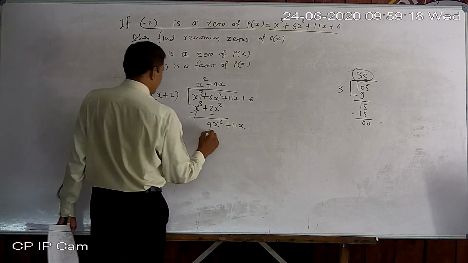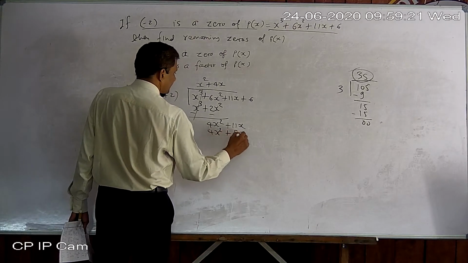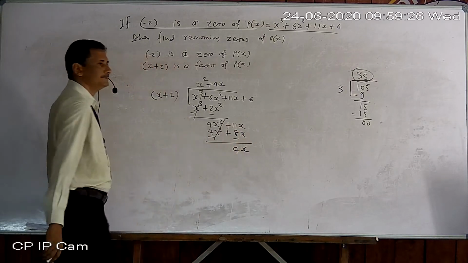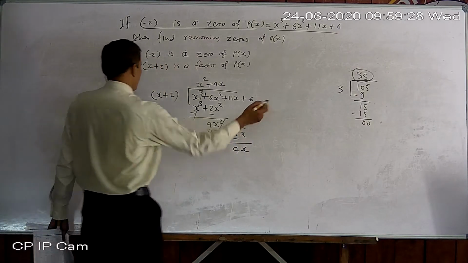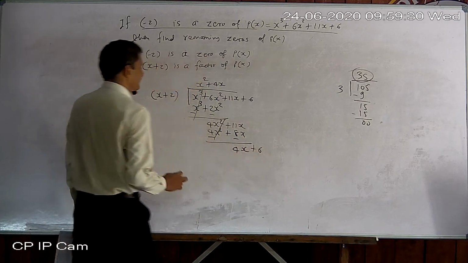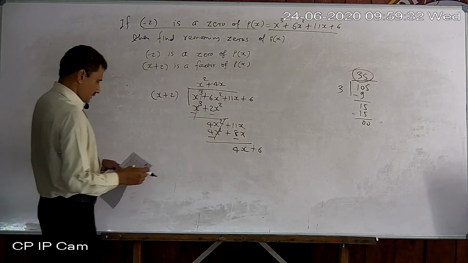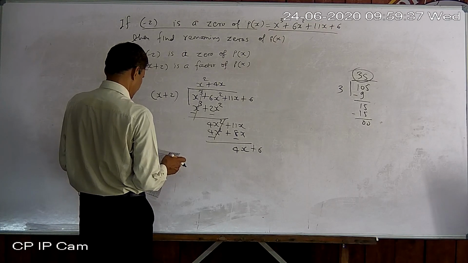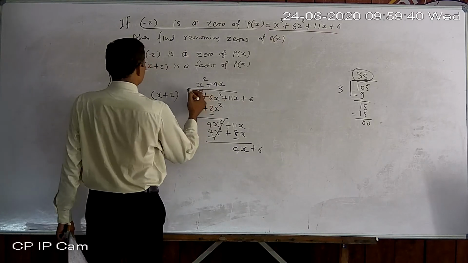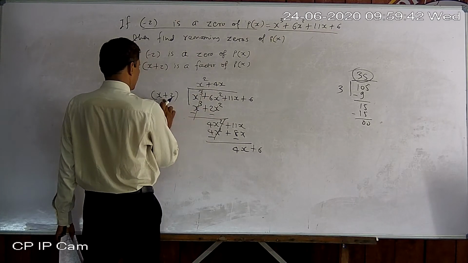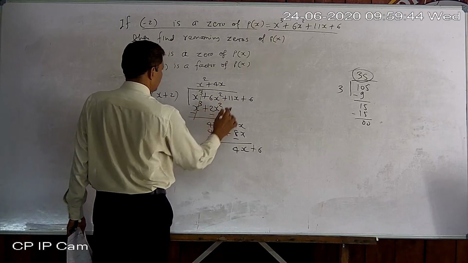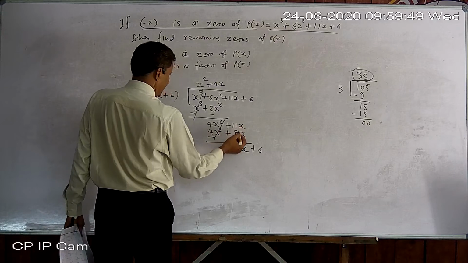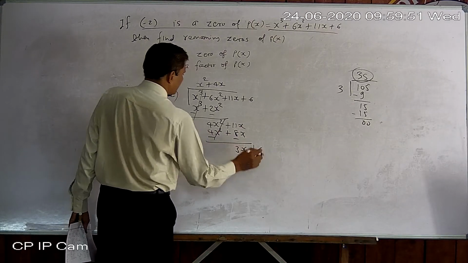So 4x square plus 8x. 11 minus 8, 3x plus 6. Okay. First of all, we divided by x square, so x cube plus 2x square, 6 minus 2, 4 plus 11x. Okay. Now minus 4x square, 11 minus 8, 3x plus 6.